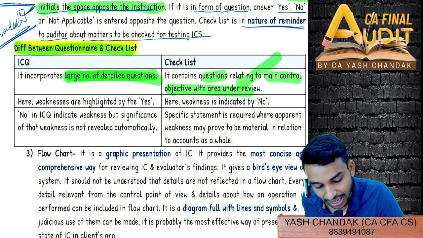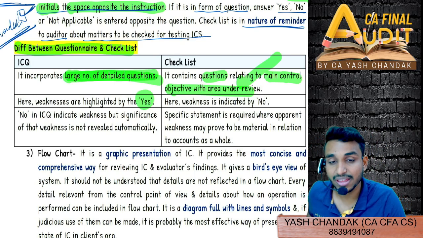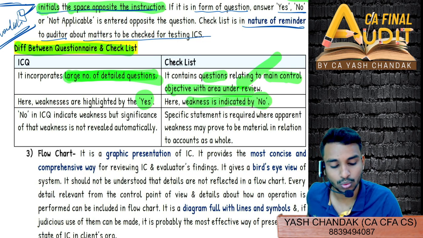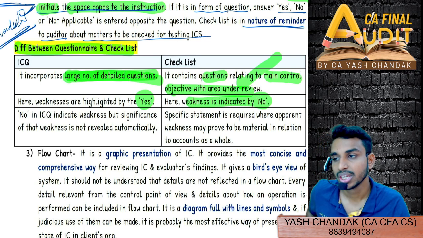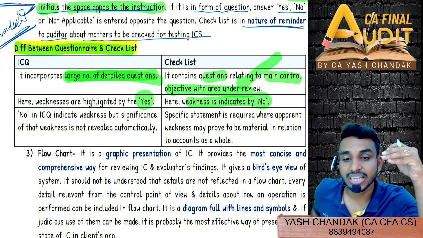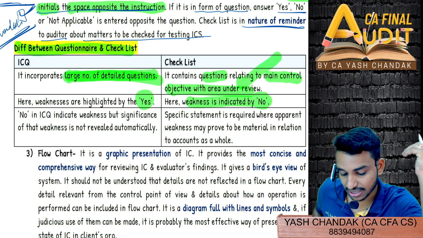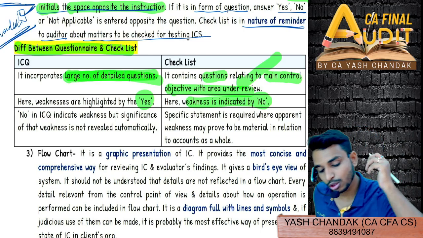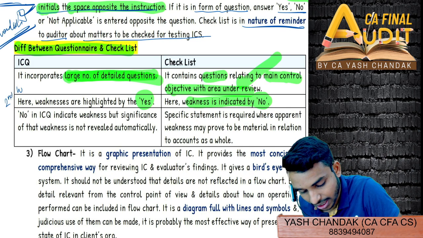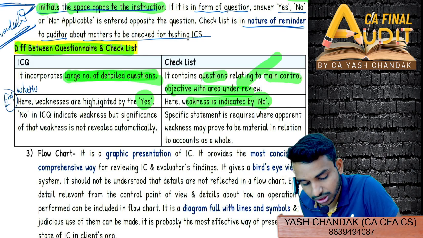Similarly, in the ICQ, weaknesses are highlighted by yes, but here weaknesses are indicated by no. That means what? If you want to ask whether there is segregation of duties, according to this second point, where do you think this question will come?